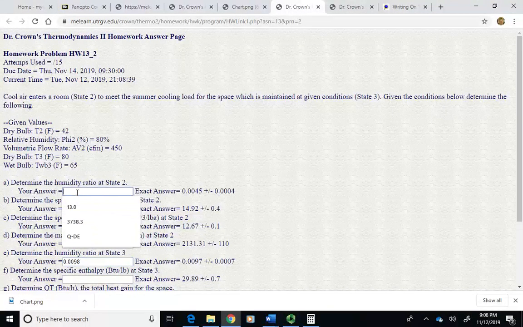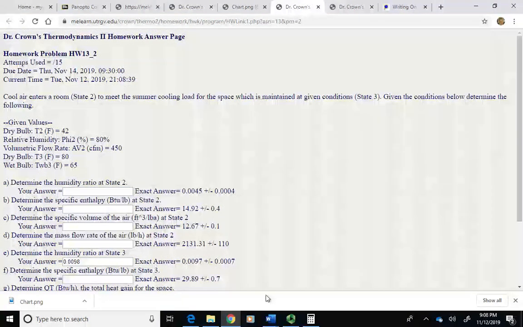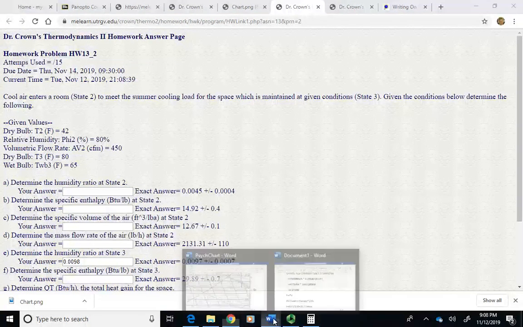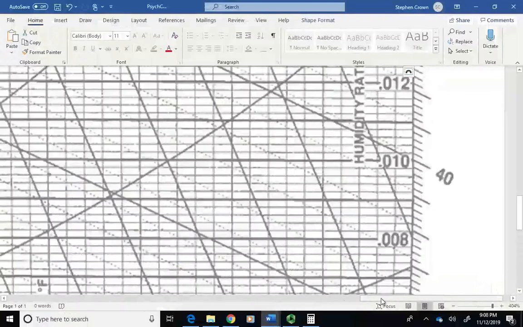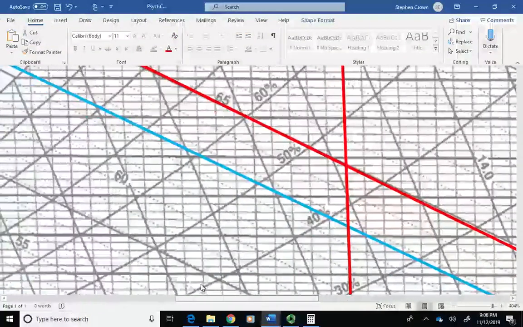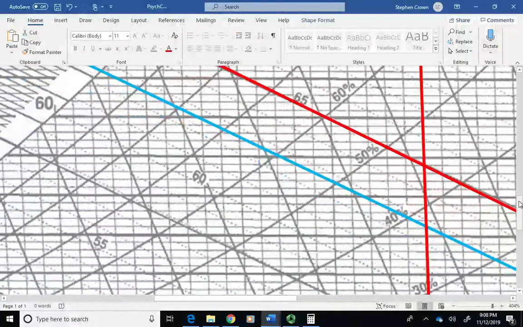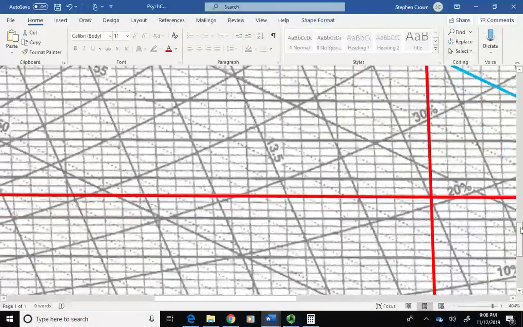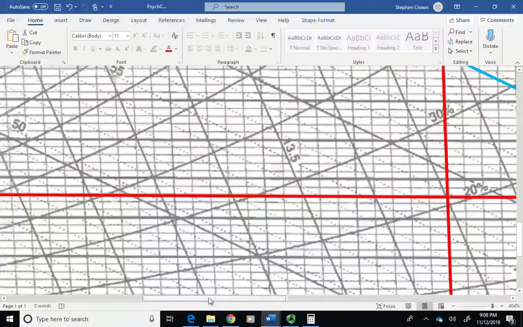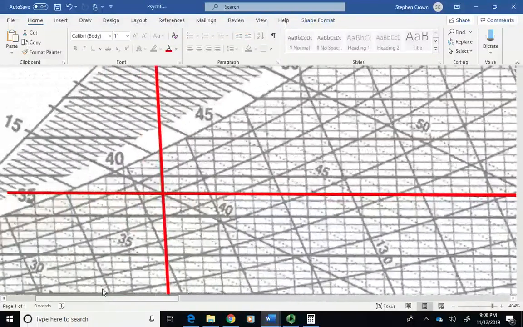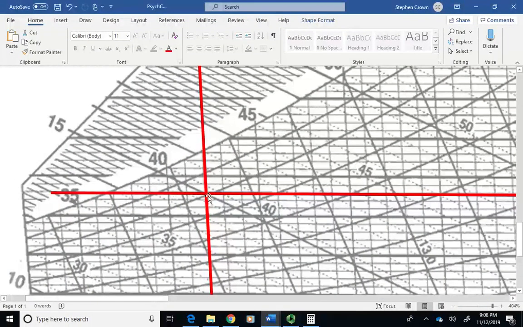Then let's go back to the humidity ratio at state 2. So now I can find state 2 on here. And so here is state 2, and I'm just going to come down a little bit further. I think that 60-degree line cuts through about right there.